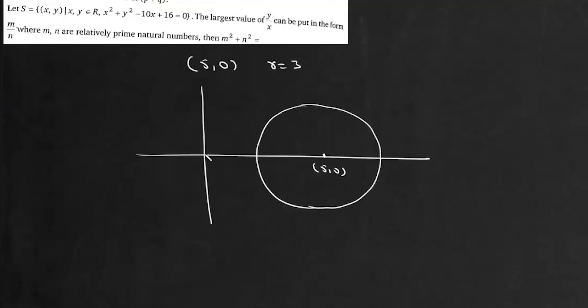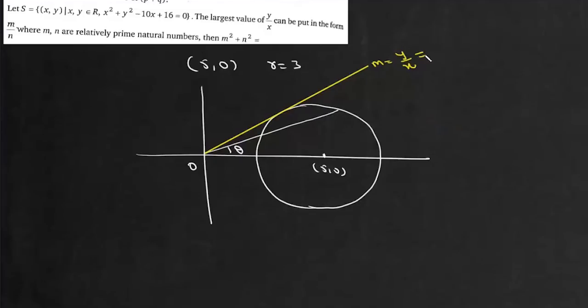Now if we take y by x and join it through the origin, then y by x is equal to tan theta, and we get the maximum value of y by x if this line is tangent to the circle. So we have to find the slope of this line, and that slope will be equal to y by x.